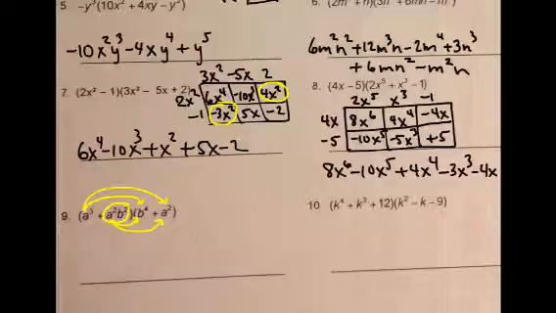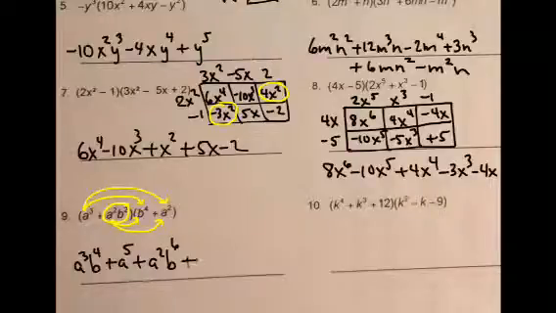So a cubed times b to the fourth is a to the third, b to the fourth, and then a cubed times a squared is a to the fifth. And then I move on to the next term, a squared b squared times b to the fourth is going to be a squared b to the sixth. And then a squared b squared times a squared is going to be a to the fourth b squared.